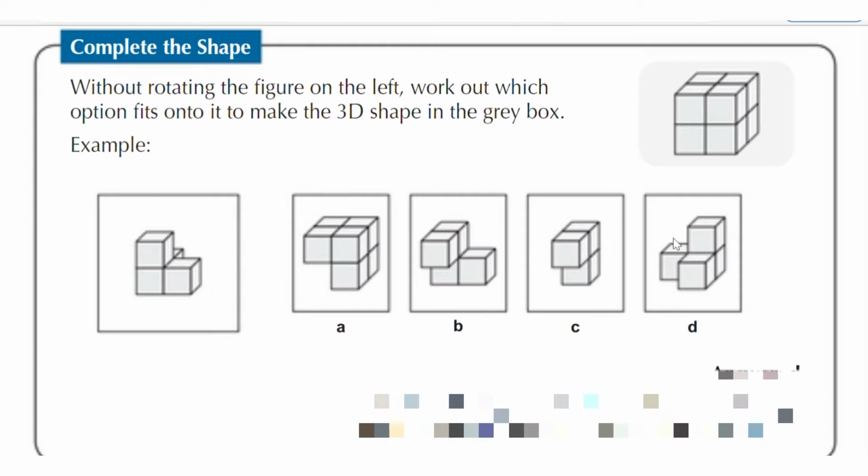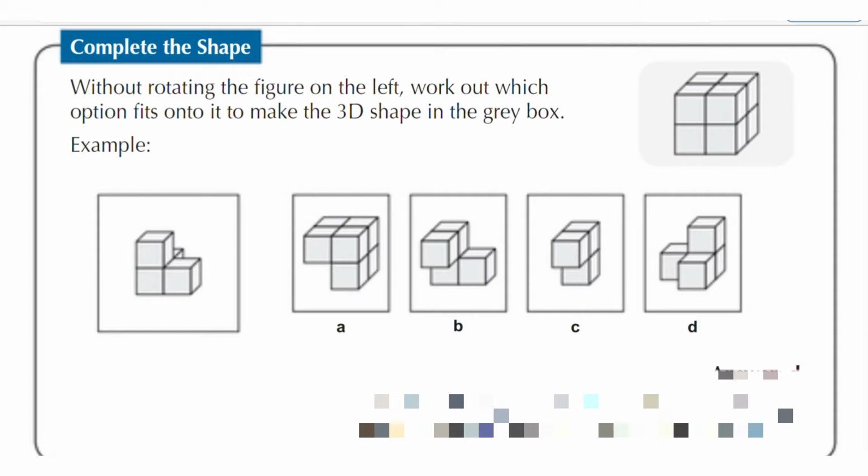Let me start again. Complete the shape question. Without rotating the figure on the left, work out which option fits onto it to make the 3D shape in the gray box. So which one will fit into this to make the 3D shape here?